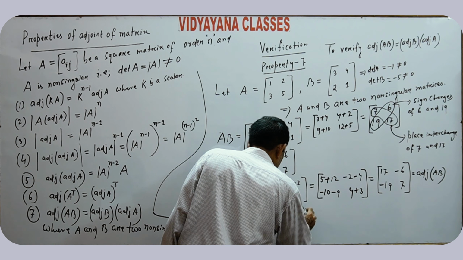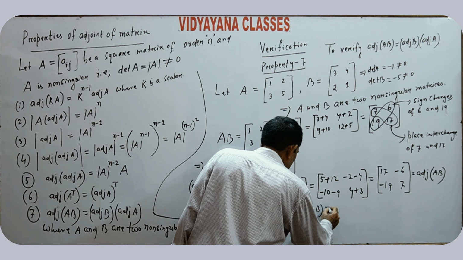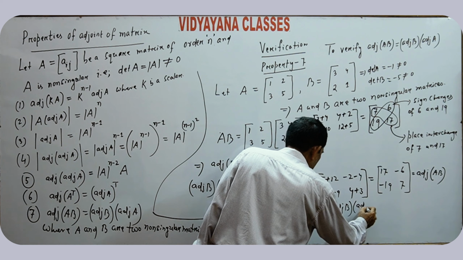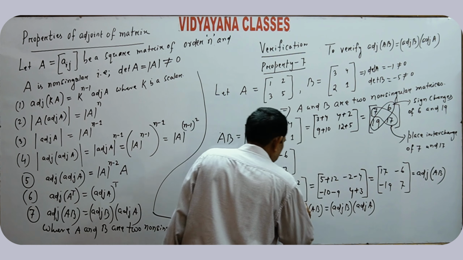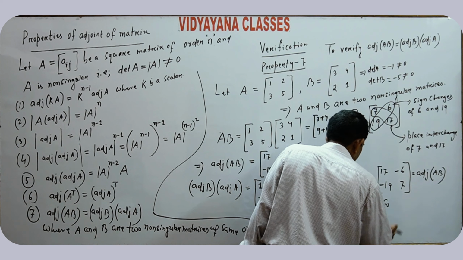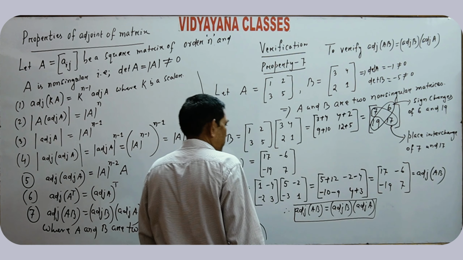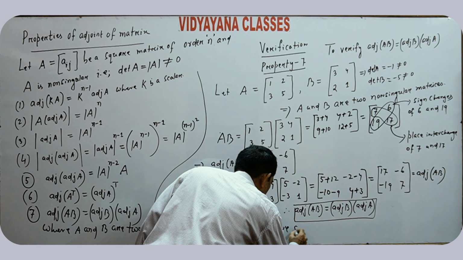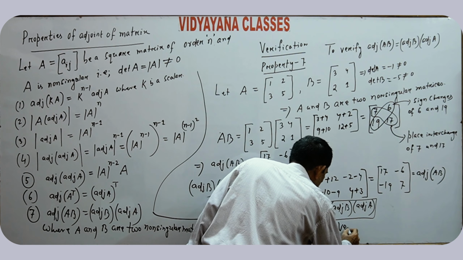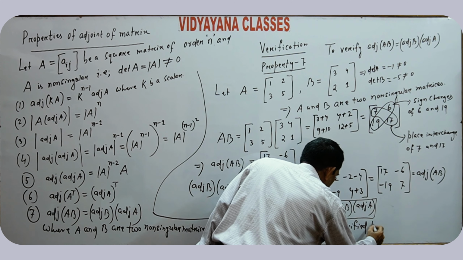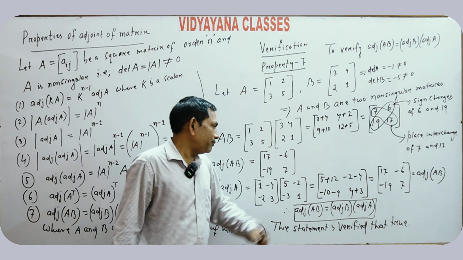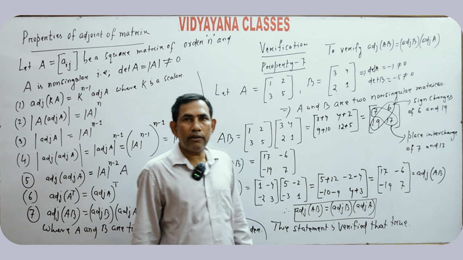Therefore, the adjoint of AB is equal to the adjoint of B into the adjoint of A. So the statement is verified to be true.